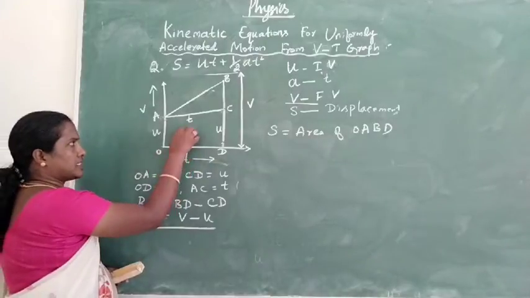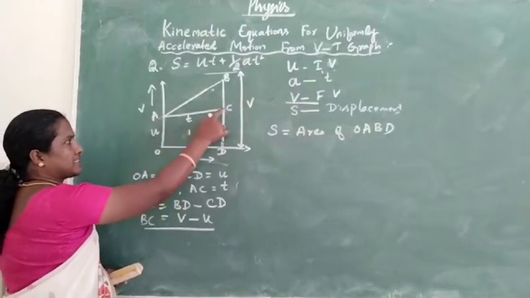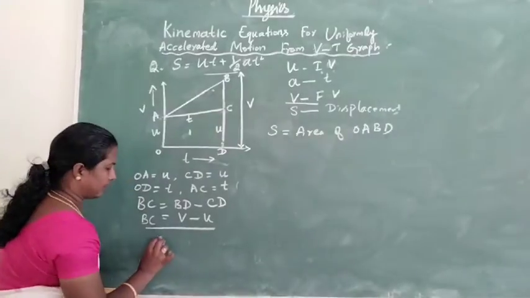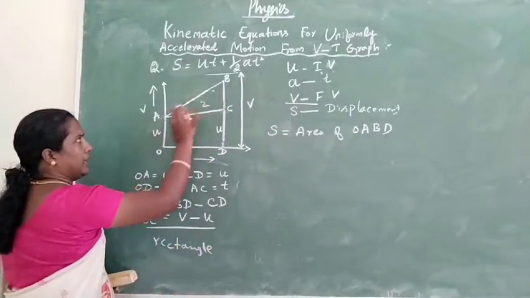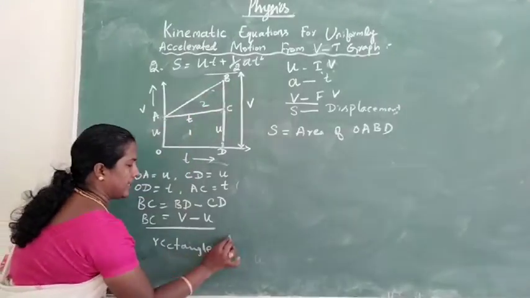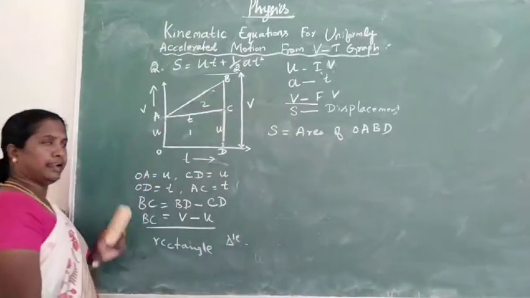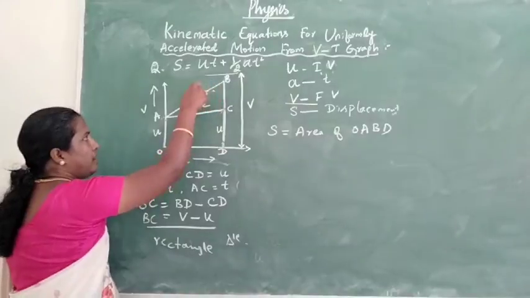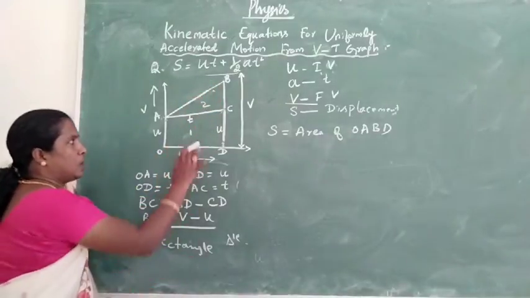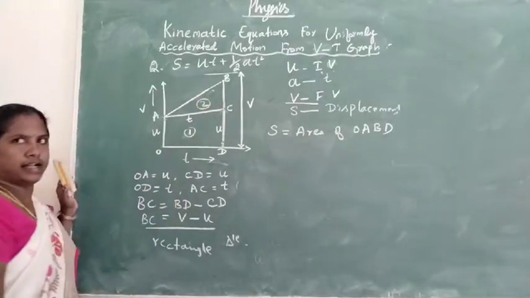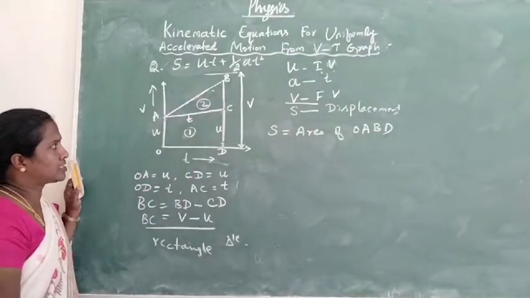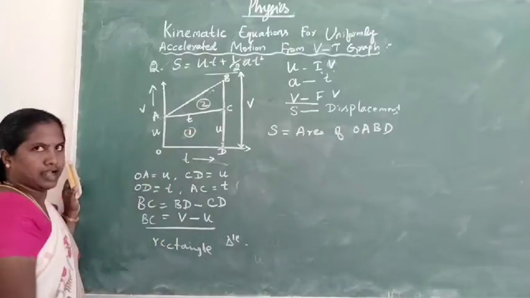So this is one. OACD is a rectangle, and the second one, ABC, is a triangle. So under the line AB, we have two geometrical figures. One is a rectangle and another one is a triangle. So we know the areas of a rectangle and a triangle.